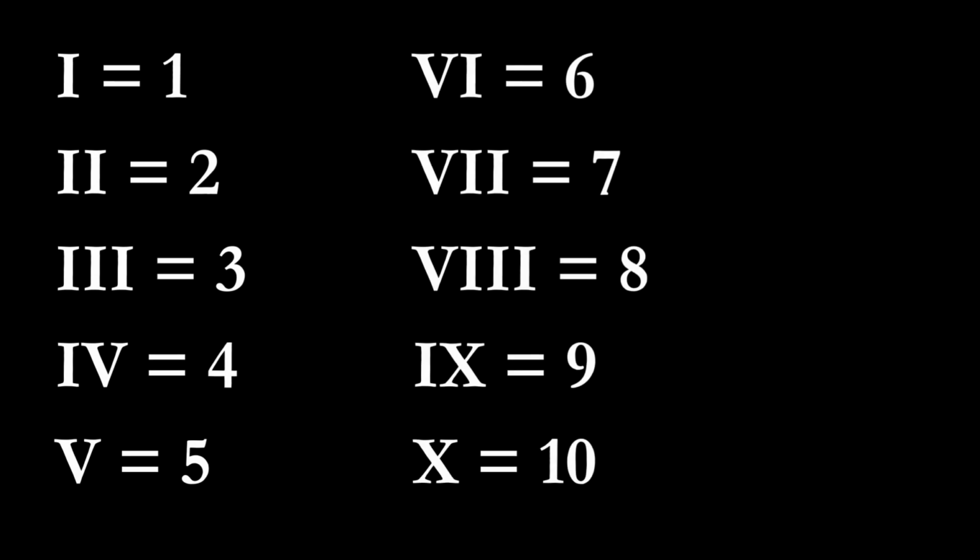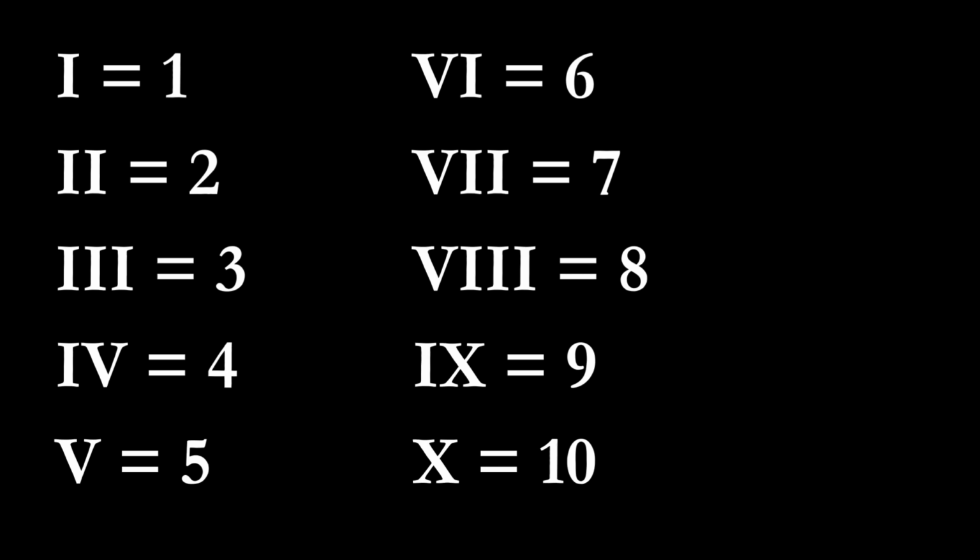5 plus 1. So when you add all this up, the idea of doing subtraction to get 4 and really doing addition to get the rest of the numbers, when you get the numbers 1 through 10, they look like this. So you have 1, 2, and 3 are just tally marks, right? I, II, and III. 4 is 5 minus 1, so IV. V is 5, right? Which we saw in the Etruscan system.